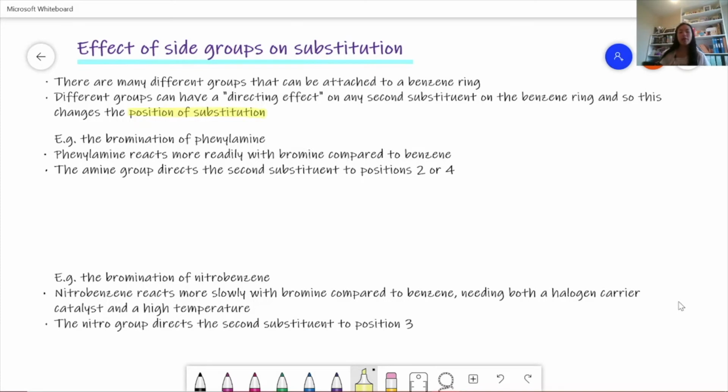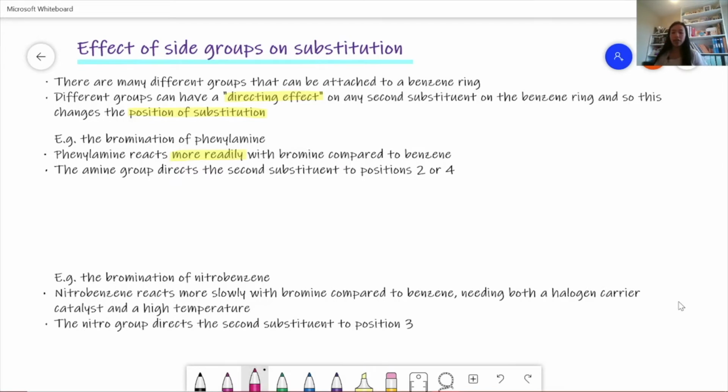So when the rings go through substitution reactions, where we place the thing that's being substituted depends on the different groups that we already have on the benzene. For example, we can look at the bromination of phenylamine. Phenylamine reacts more readily with bromine compared to benzene, and the amine group directs the second substituent to positions 2 or 4.